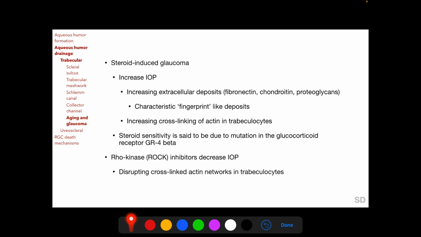Steroid sensitivity of some normal individuals and glaucoma patients is said to be due to mutation in the glucocorticoid receptor GR4 beta. Rho kinase or ROCK inhibitors have been a recent introduction to the glaucoma armamentarium, and they are said to decrease IOP by disrupting cross-linked actin networks within trabeculocytes.